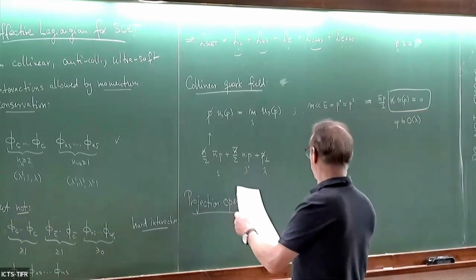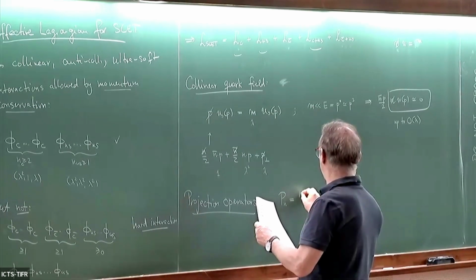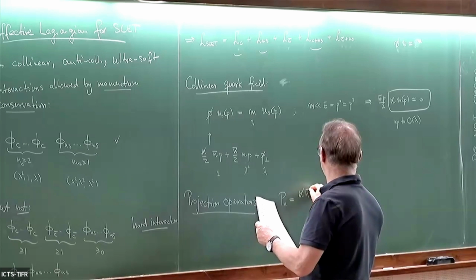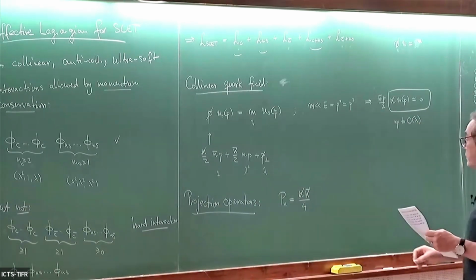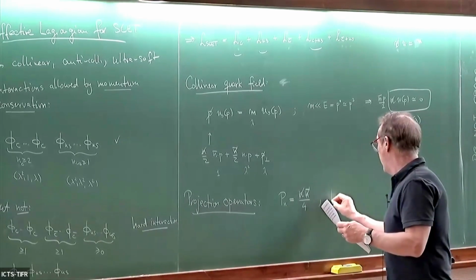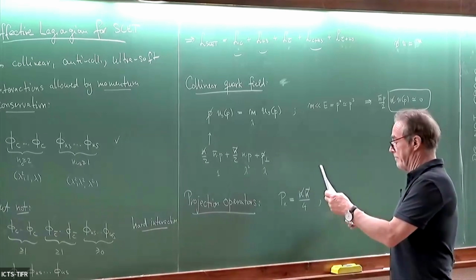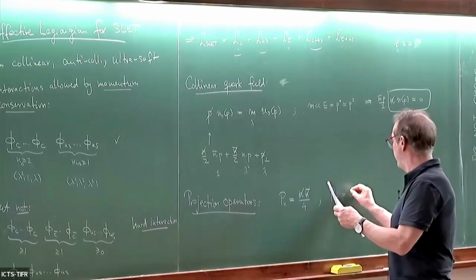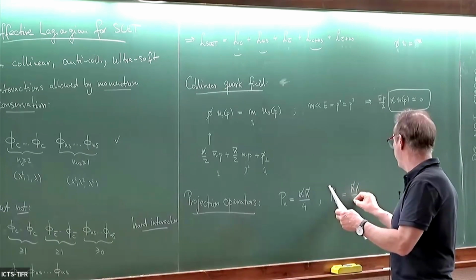We'll introduce projection operators P_n, defined as n-slash n-bar-slash over 4, and P_n-bar, defined as n-bar-slash n-slash over 4.